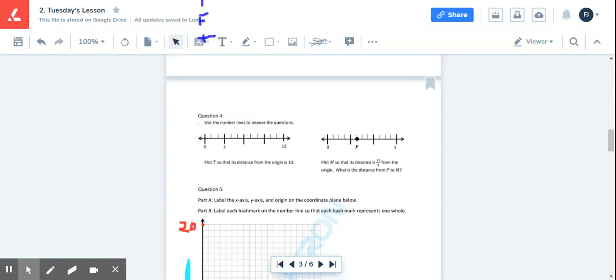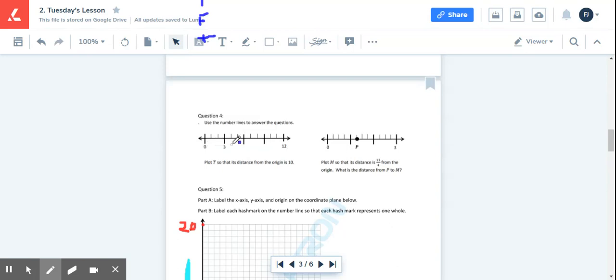Number 4. Use the number lines to answer the questions. Plot t so that its distance from the origin is 10. Our number line starts from 0 and it ends at 12.